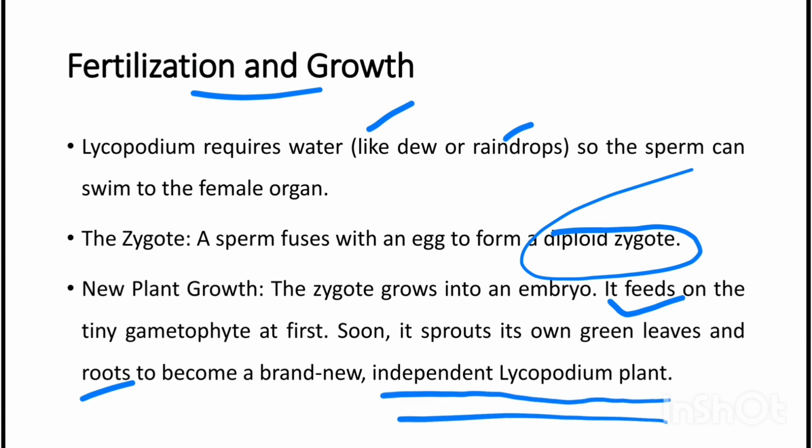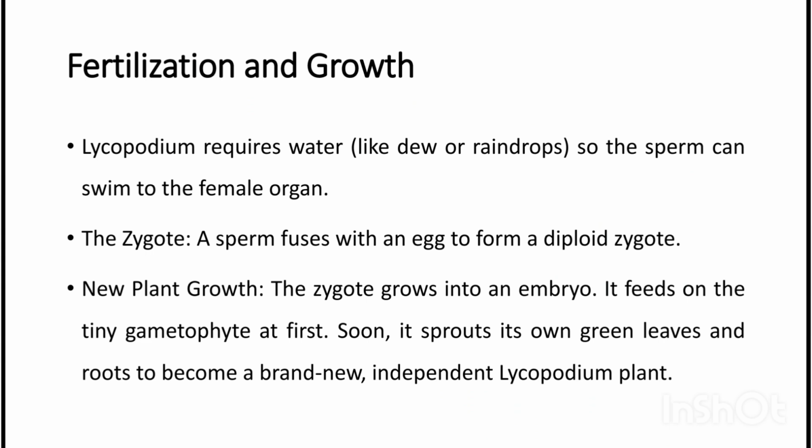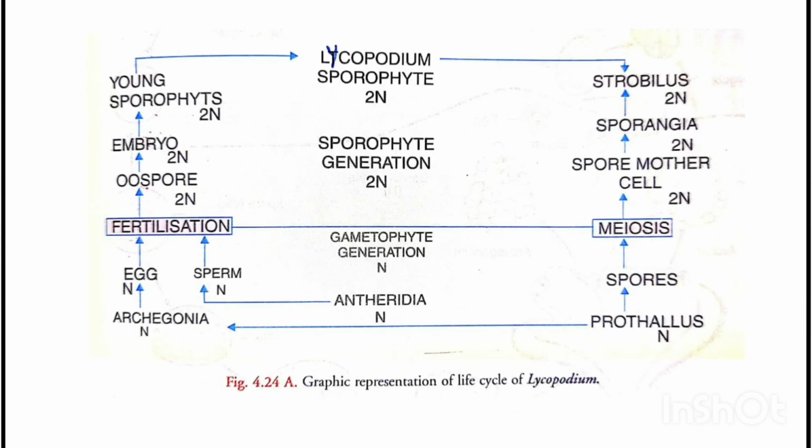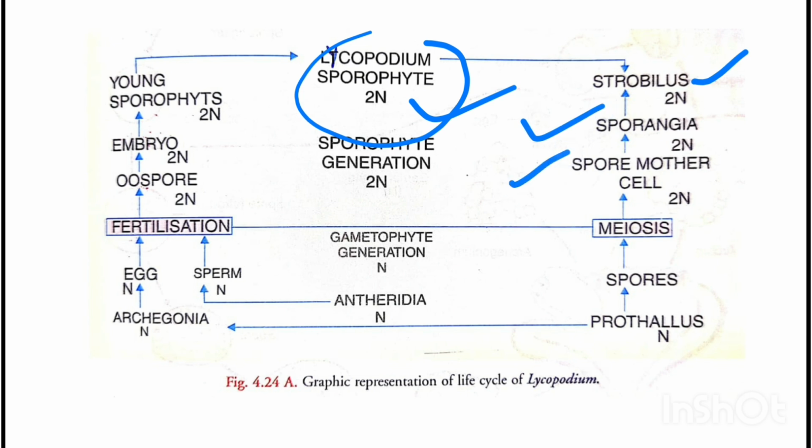So with this, the whole life cycle of Lycopodium species ends, and this is the graphic representation of the life cycle of Lycopodium. The Lycopodium sporophyte, which is diploid, produces strobilus, which is again a diploid structure, then sporangia, which are again diploid, then spore mother cells, which undergo meiosis or reductional division to produce spores.